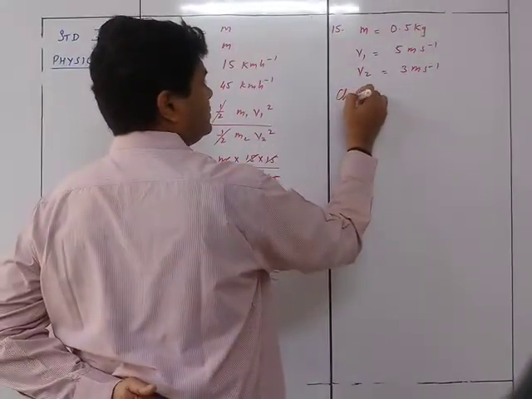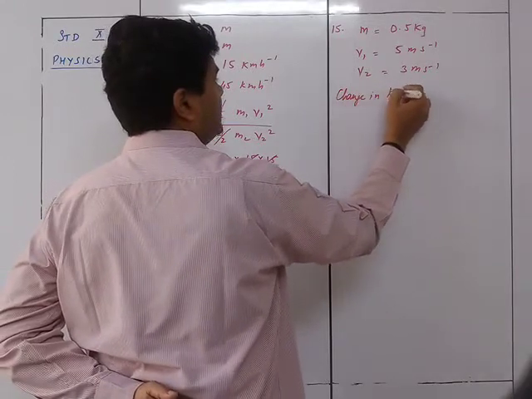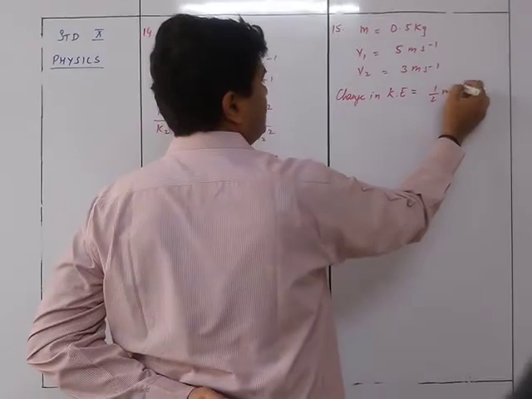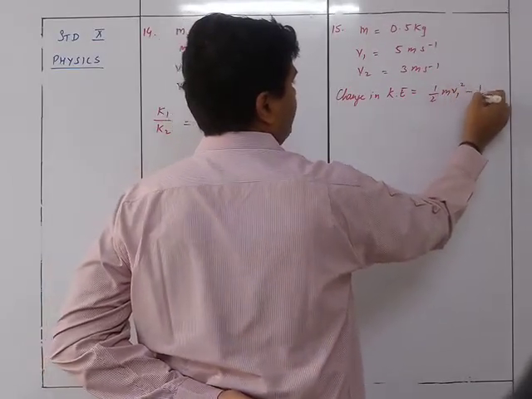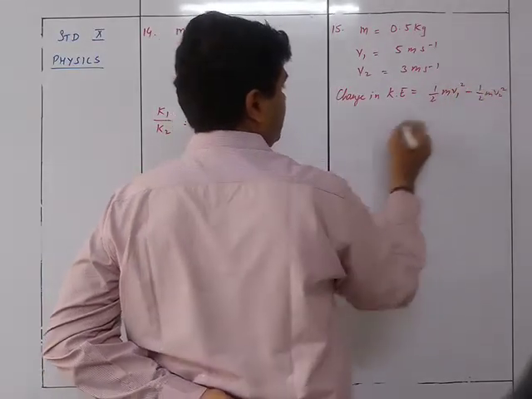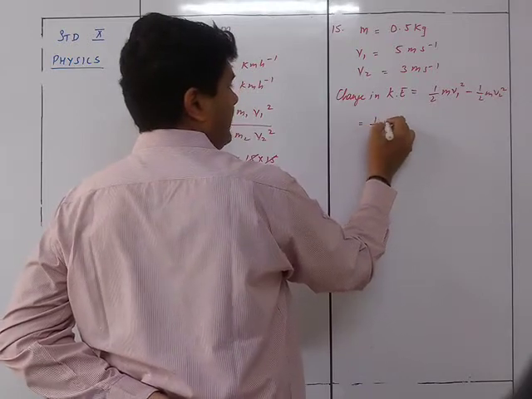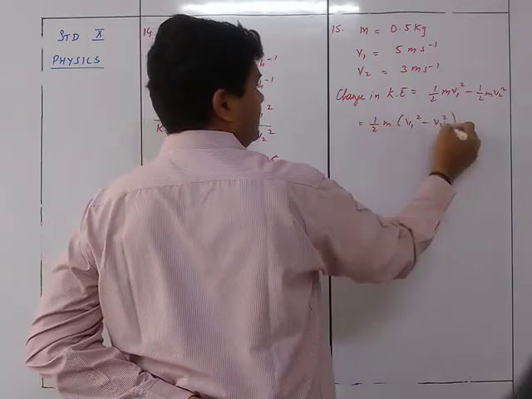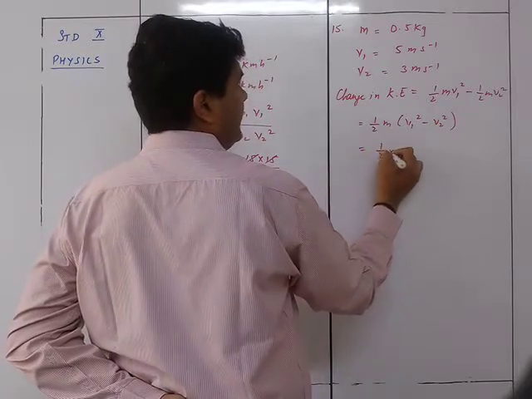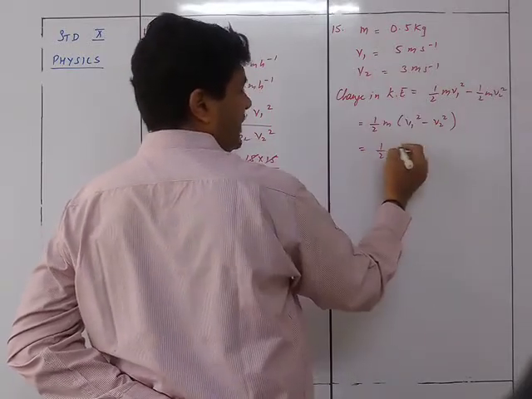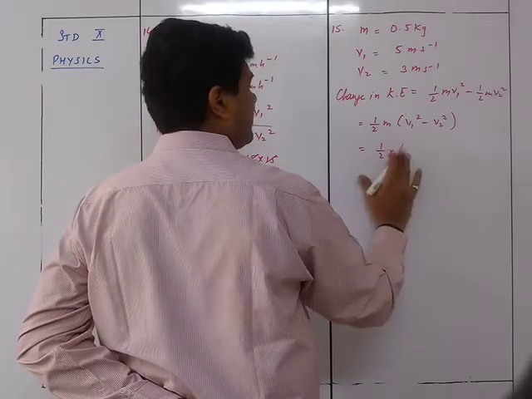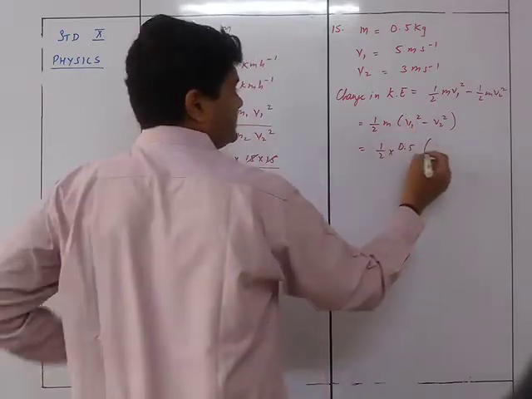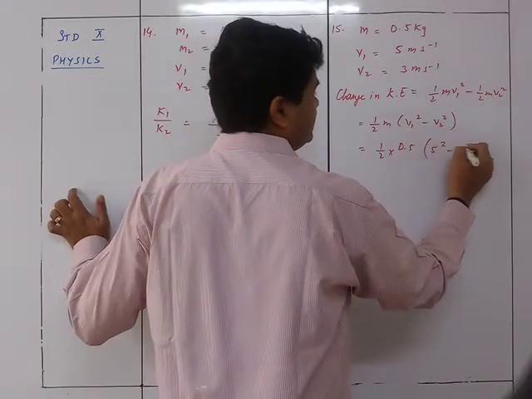So change in kinetic energy is going to be half mv1 square minus half mv2 square. So that's going to be half m into v1 square minus v2 square. So that's half into 0.5. We'll make it 0.5 only, and here it is 5 square minus 3 square.